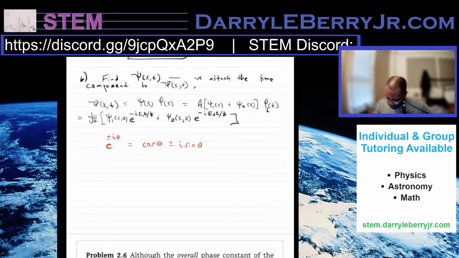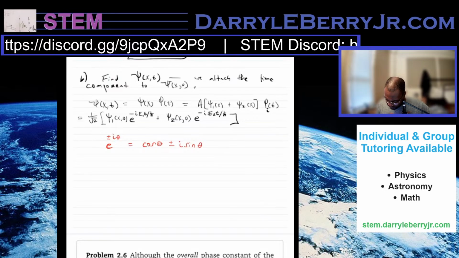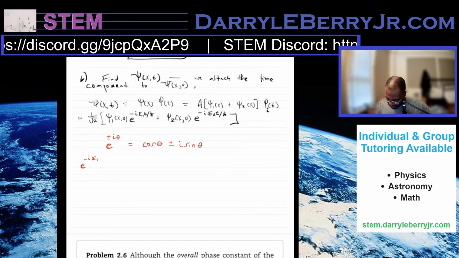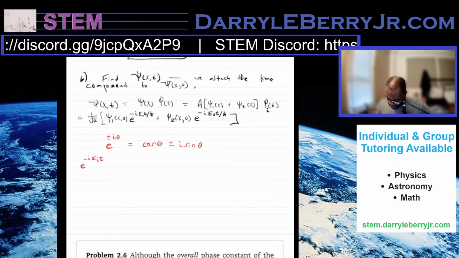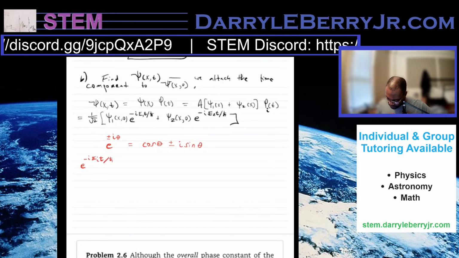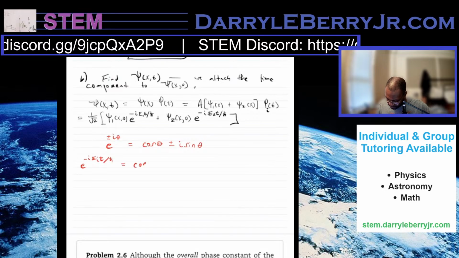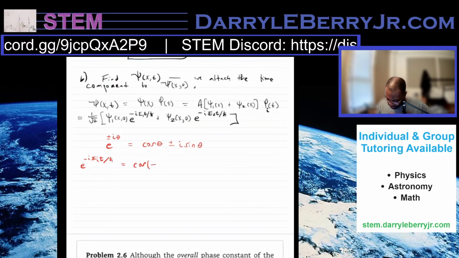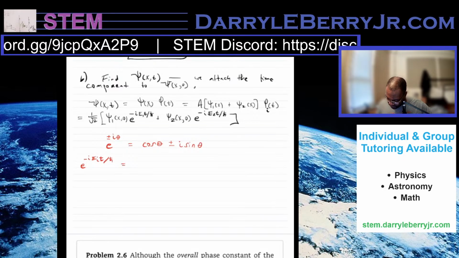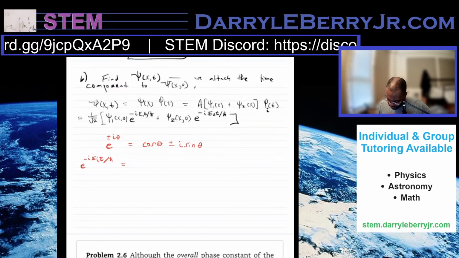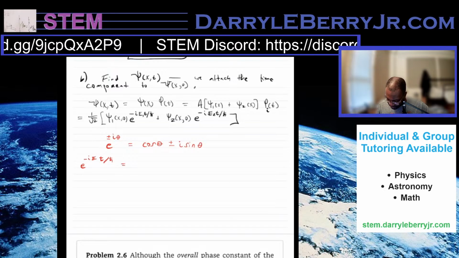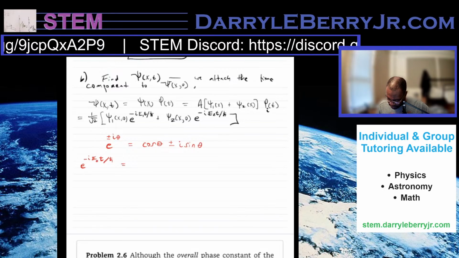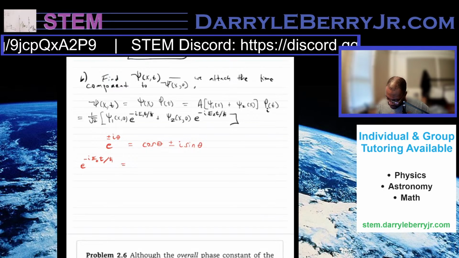So we have e to the negative i E1 t over h bar, let me do both of them at the same time, equals cosine. Actually, let me simplify this first. Maybe I is a bad choice, I'll just say E naught. That works.